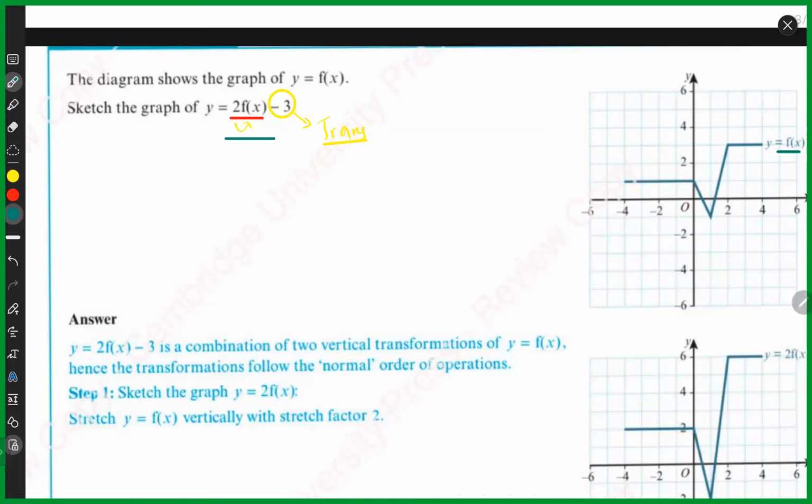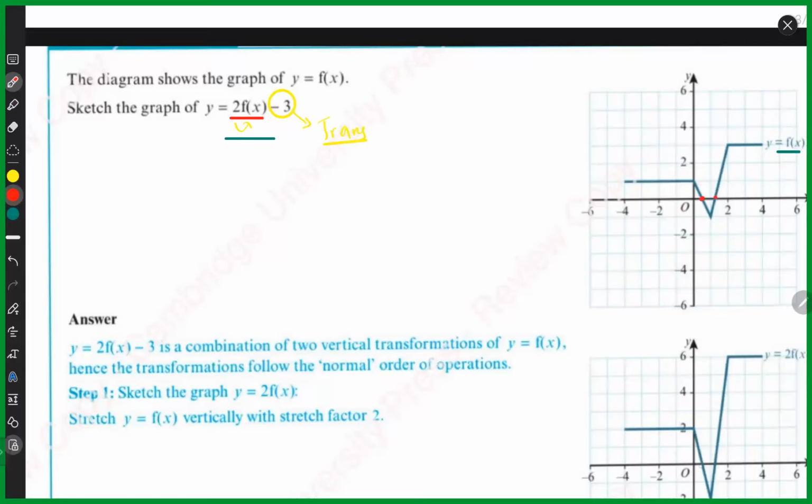of 2f of x? Now, I told you guys yesterday as well, whenever the stretch is along the y-axis, you need to make sure that your x-intercept remains the same. So this is between 0 and 1 and this is between 1 and 2.